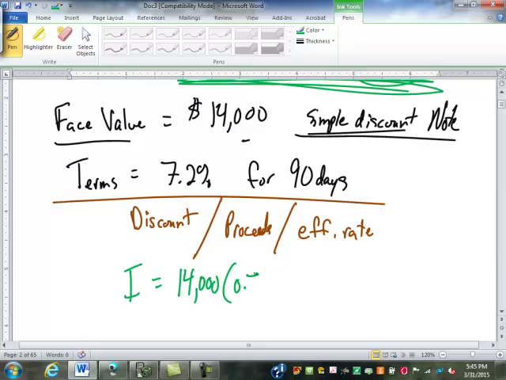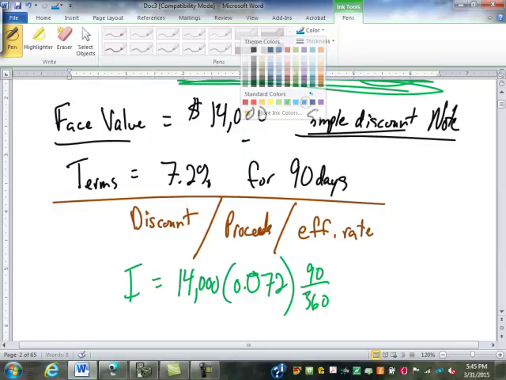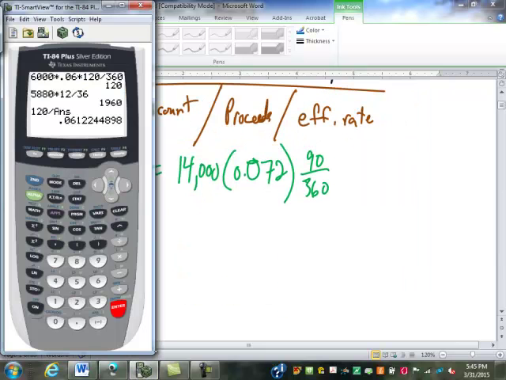So 0.072 is the percent, or the rate now. 90 over 360 is my time. Perfect. Which will give us $252.